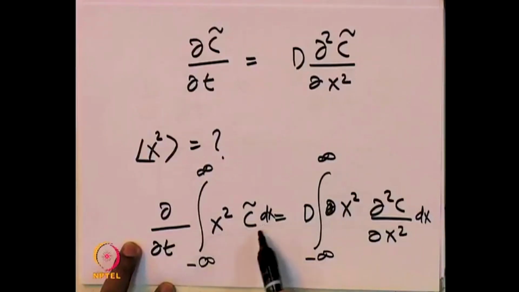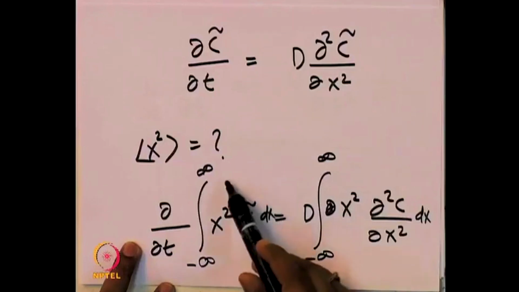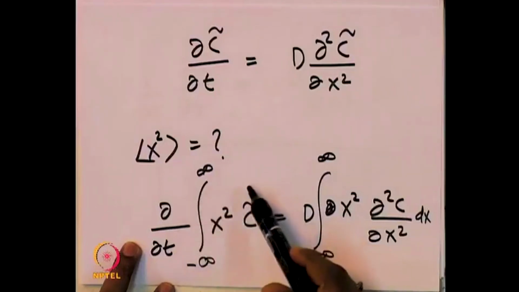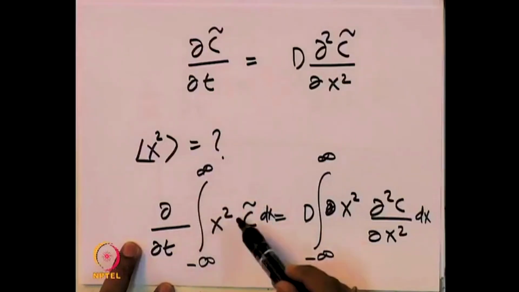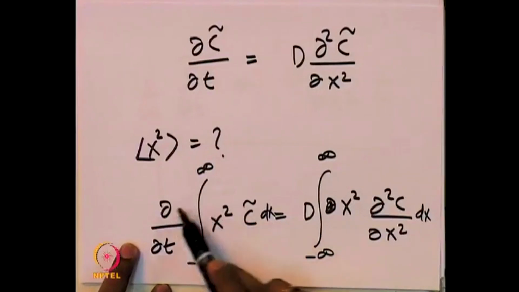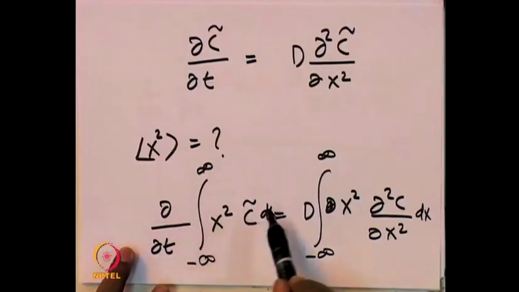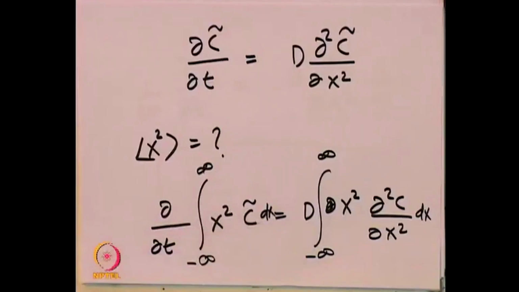So, if the integral is with respect to x, you can take this del by del t outside, because the result of this has nothing to do with time. Sorry, this only depends on x. So, whether I write x square del by del t inside or outside, it does not matter, because the integral is only with respect to x and this is a partial derivative.